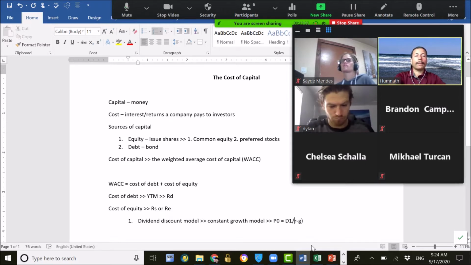We had that. In the dividend discount model, we calculate the price of the stock using the dividend and the growth information.